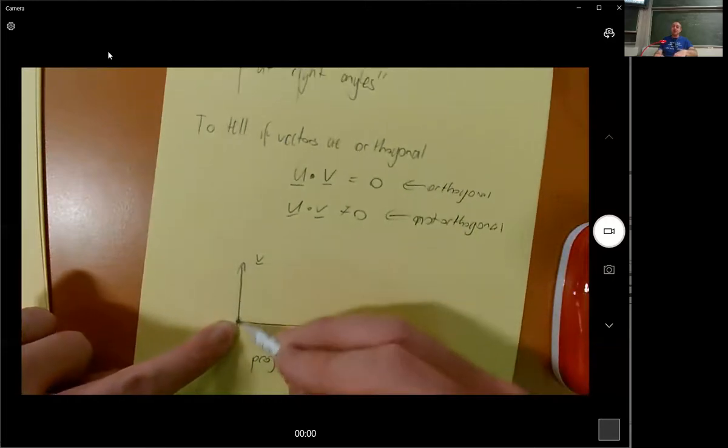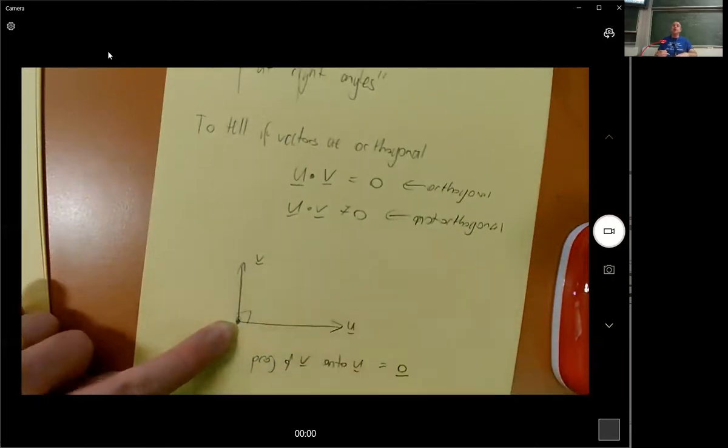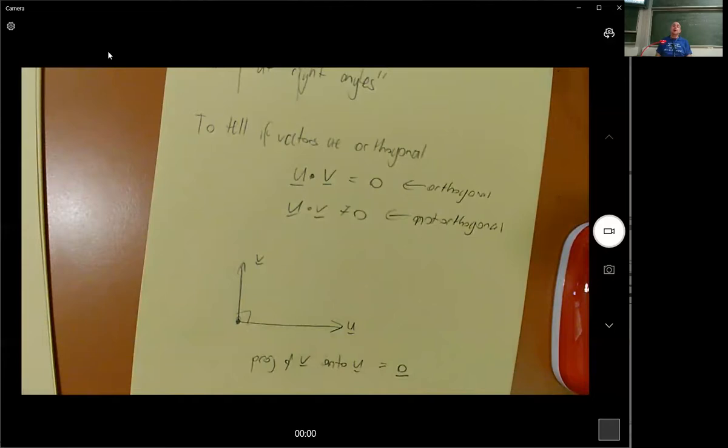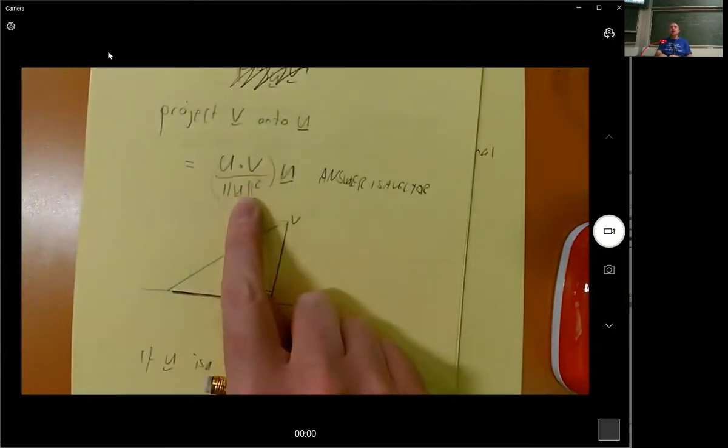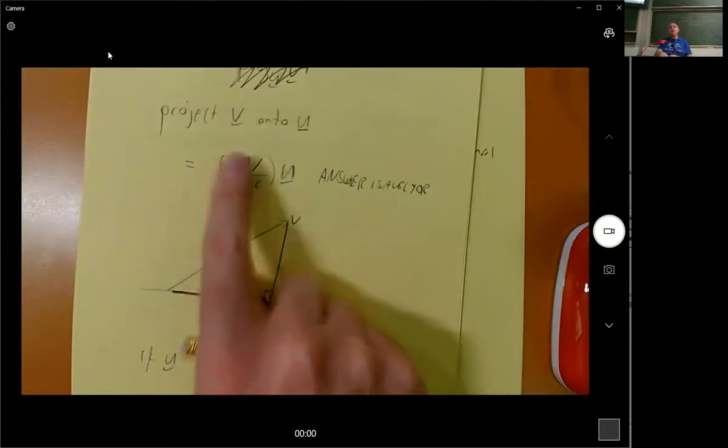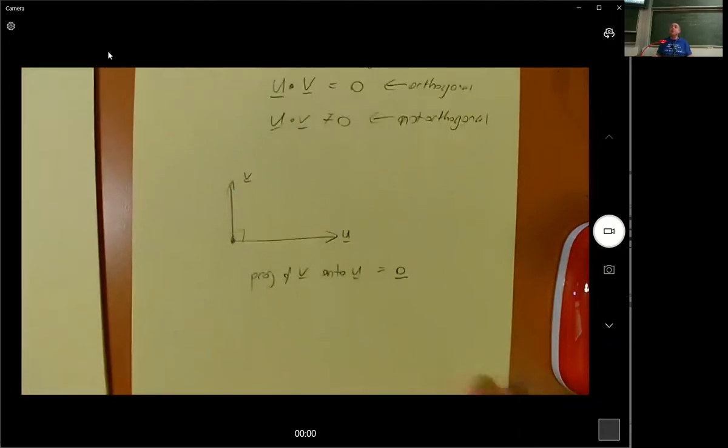Come all the way down here at right angles, there it is, because they're already at right angles. But also because the dot product is zero, the correct length for this vector is u dot v divided by the length of u, but u dot v is zero, and so the correct length is zero, and so you just get the zero vector. So that's something that orthogonal vectors do.